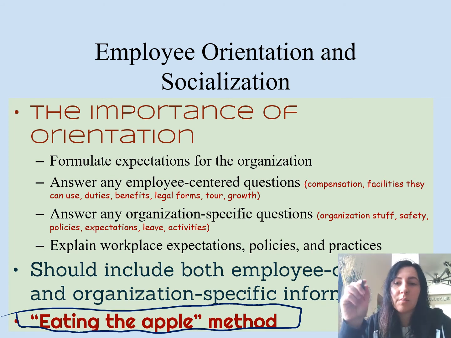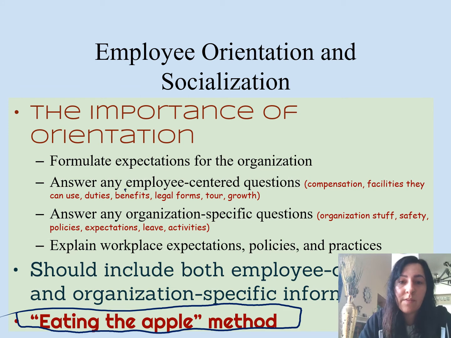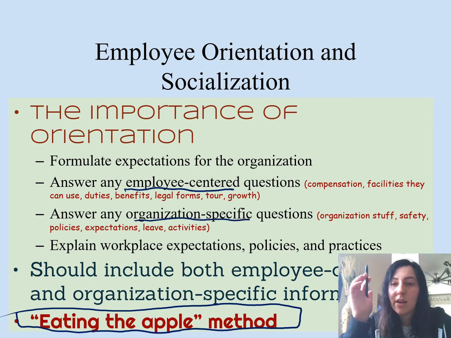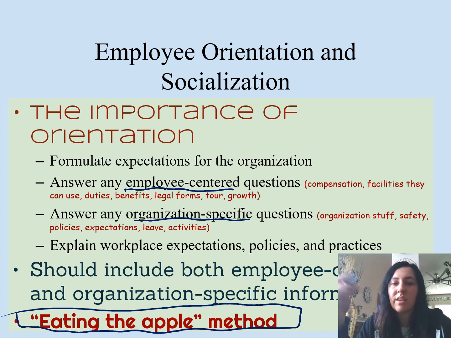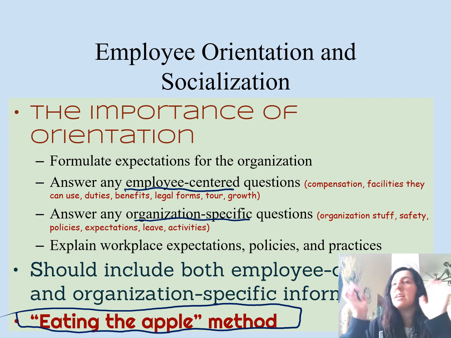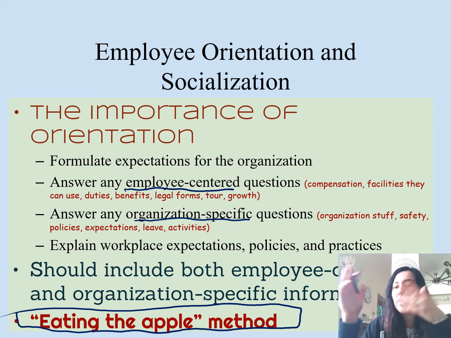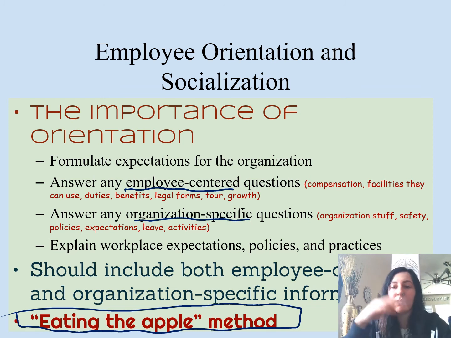So some of the things that should be covered during your employee orientation: there should be a part of the orientation that's completely employee-centered. Okay, and there should also be a part of the orientation that's organization-specific. So for the employee-centered orientation, you're going to answer employee-centered questions. This is where you answer things like compensation, the different facilities that the employees are allowed to use, which bathrooms they're supposed to go to, which rooms they're allowed to use when they work there, right?